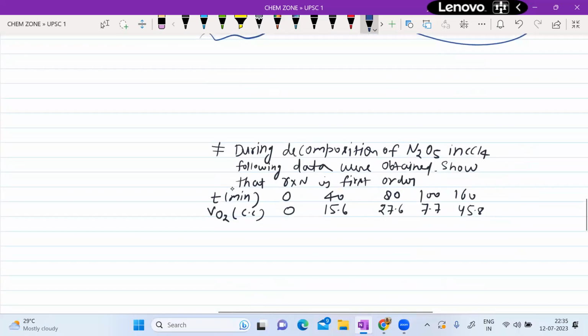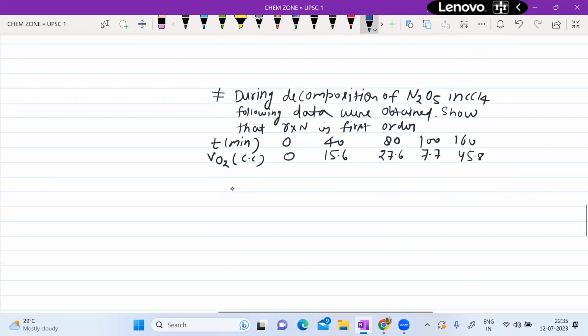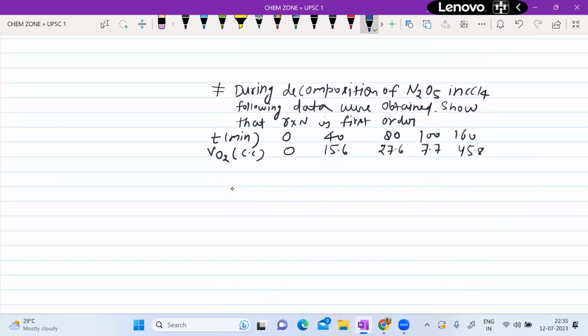This is a problem which was asked in a previous year paper, but it's quite a similar type of problem to what we discussed already. Here we are taking the decomposition of N2O5.